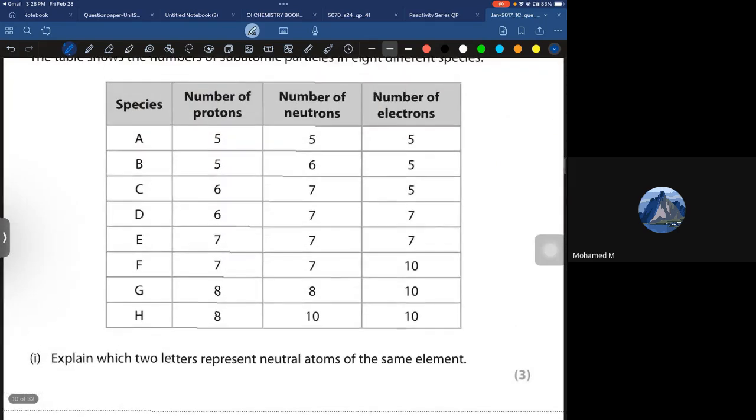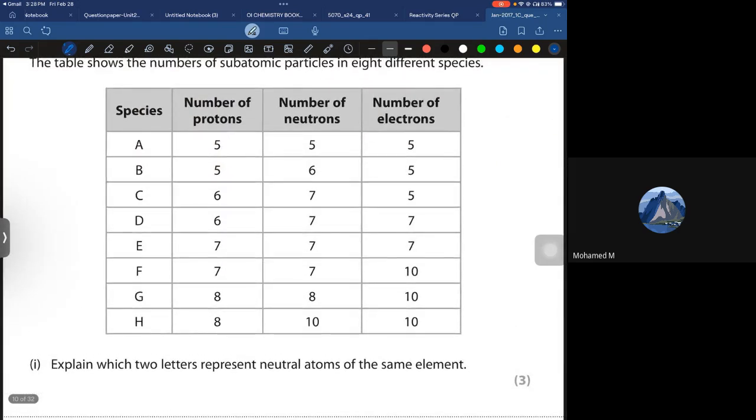Explain which two letters represent neutral atoms of the same element. Two elements represent two neutral atoms of the same. I'm not really sure, to be honest. Oh, the isotopes.